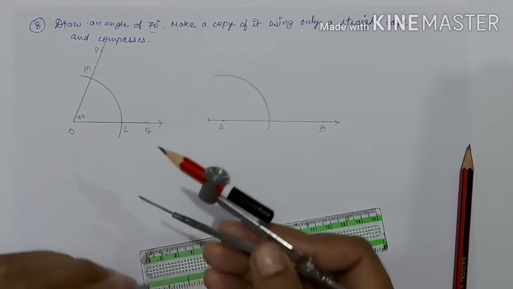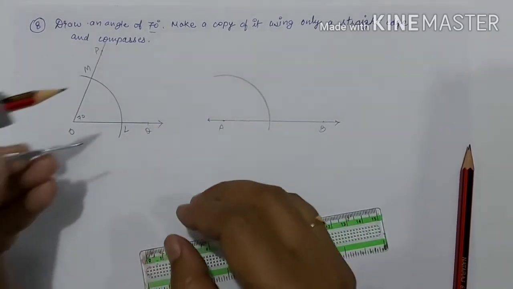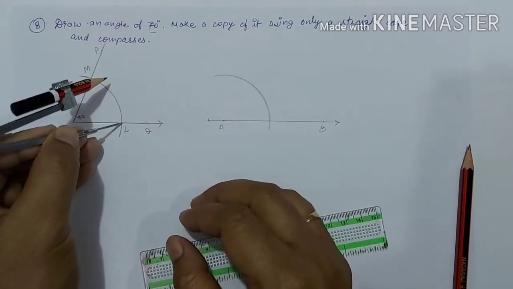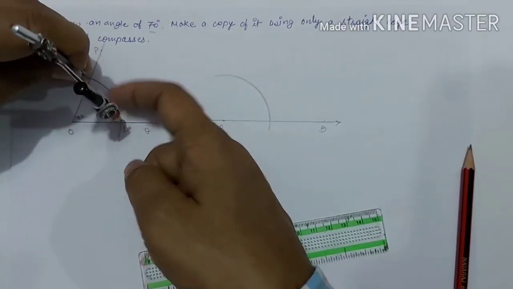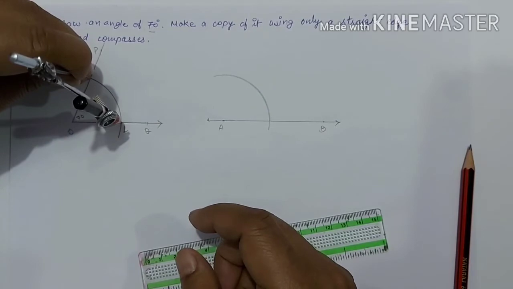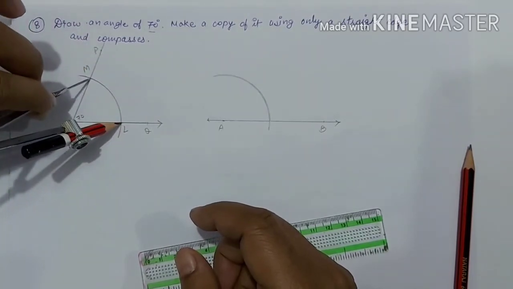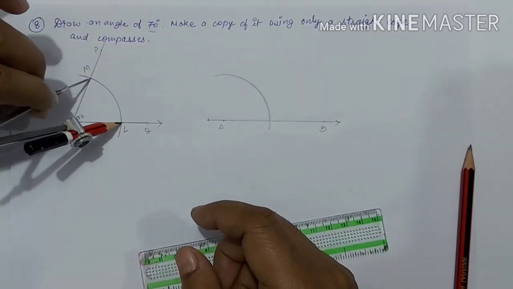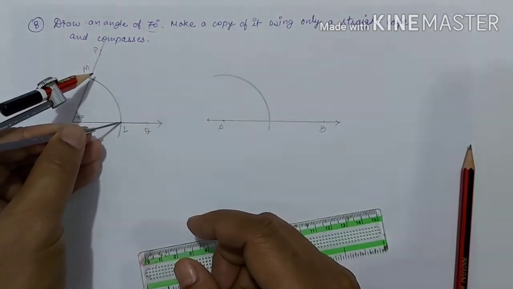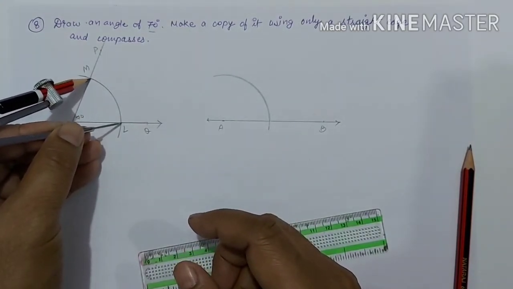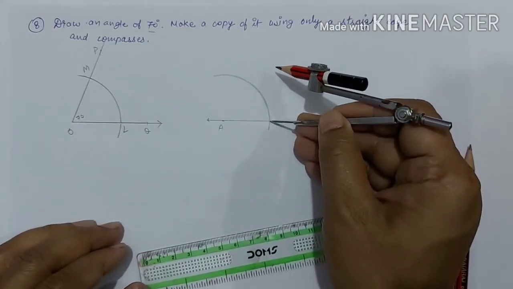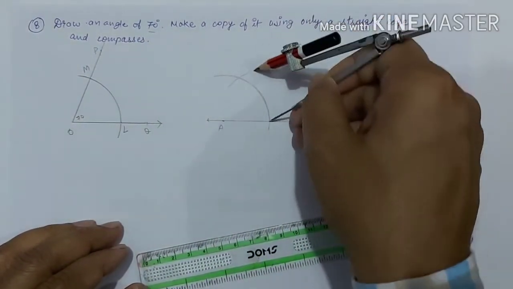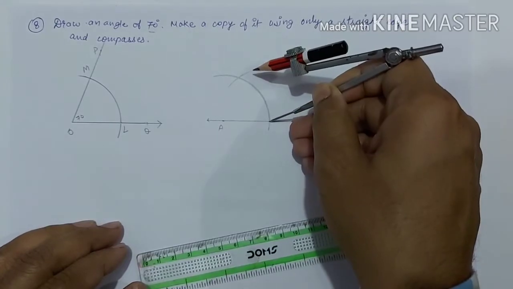And second step, you find the distance of L and M by compass. Okay, and the same distance you draw here, intersecting the previous arc.